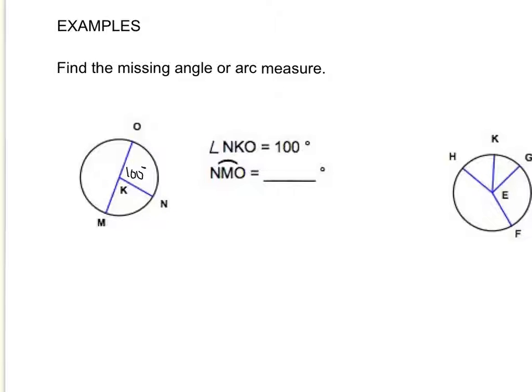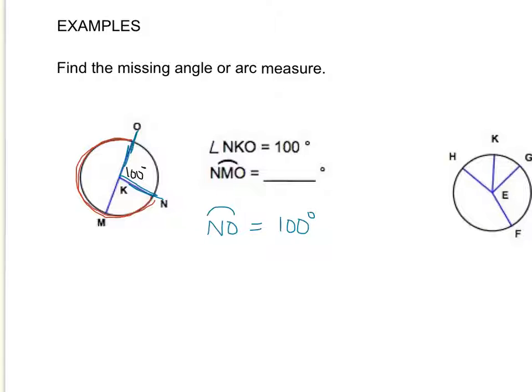NMO would be this big arc that goes all the way around here. Now I know that since the central angle NKO cuts off arc NO, the measure of arc NO would be 100 degrees. That's the minor arc cut off by those two.